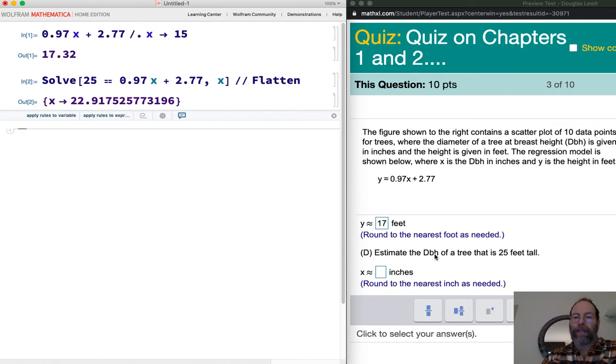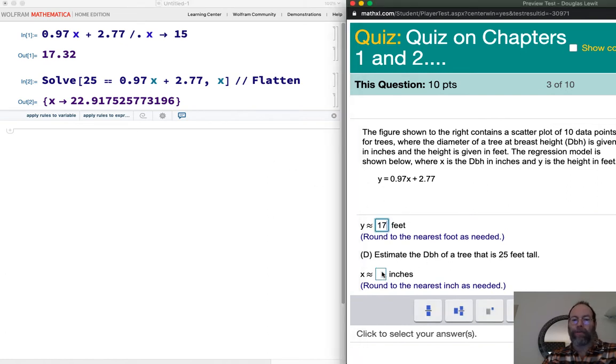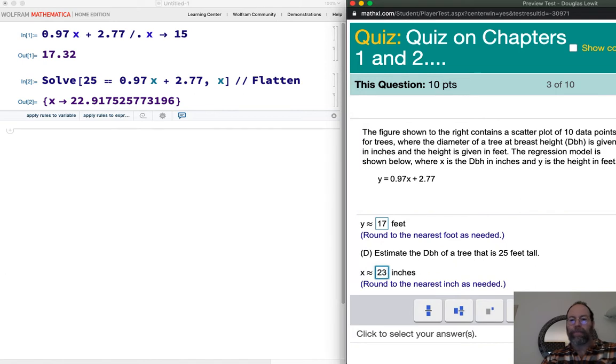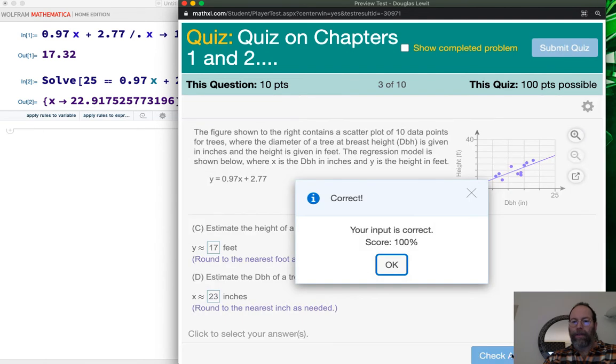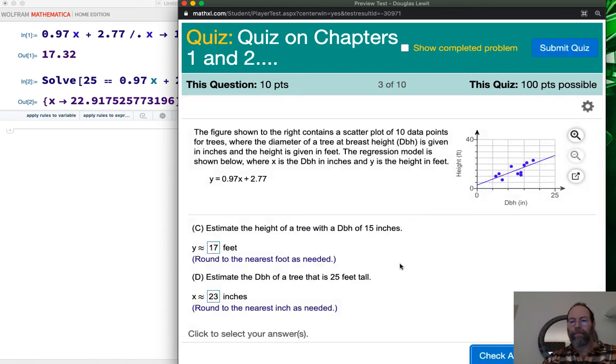Round to the nearest inch, so that's about 23 inches. Check answer. Your input is correct. Yay, we got that right. Okay, fabulous. Let's move on.